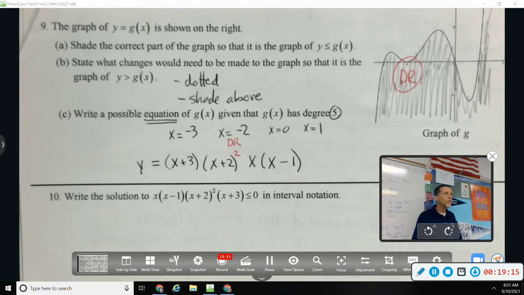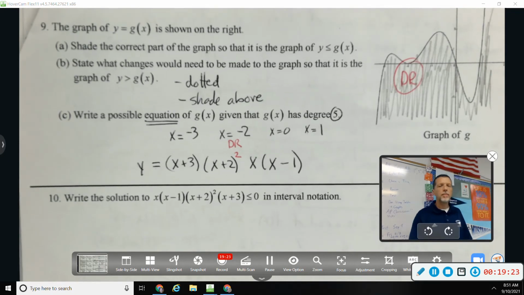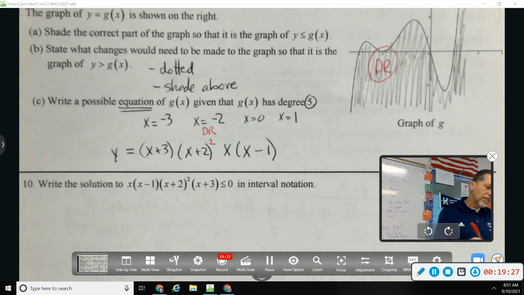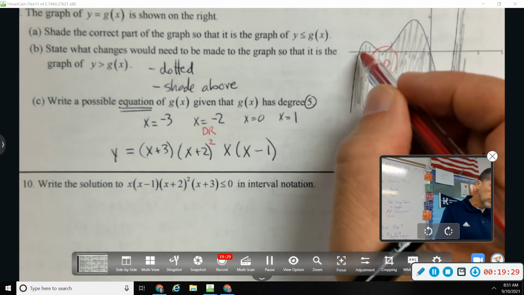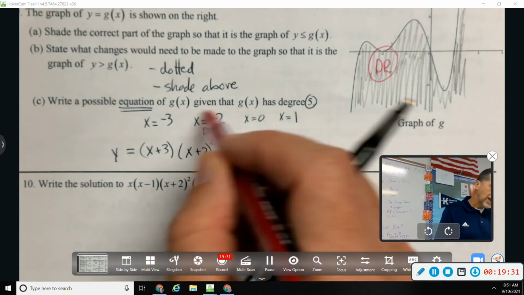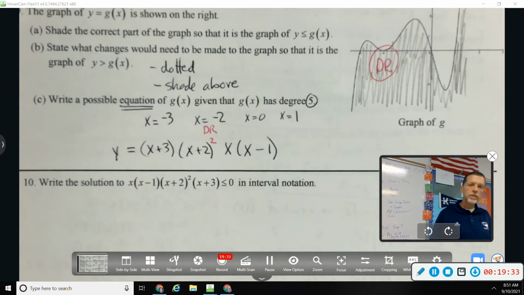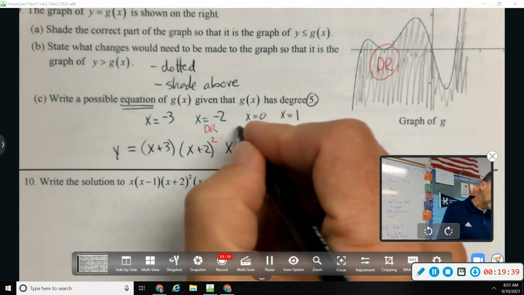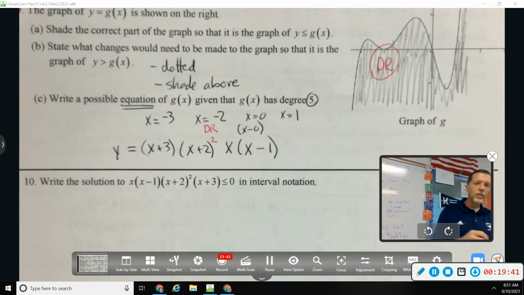Which form would you prefer? I don't want to multiply that out either. So let's leave it like that. So yeah, that's not bad. The key thing is going from roots to factors and catching that one of those was a double root. Would you still consider it correct if we said x minus 0 instead of putting the x? Sure. Yeah, and some people will do that. They'll put x minus 0. It sort of emphasizes that 0 is one of the roots, and that's fine.